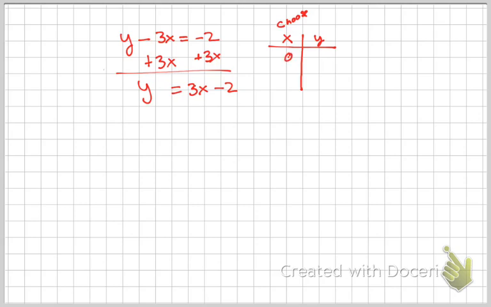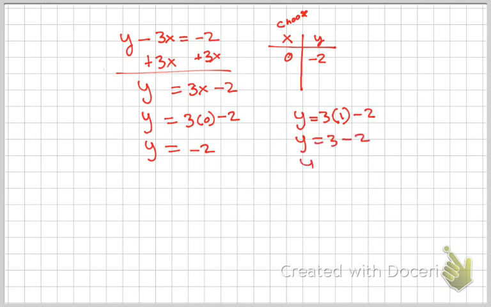I'm going to go with easy numbers. Y equals 3 times 0 minus 2. What is that? Y equals -2. I'm going to do it again. Y equals 3 times 1 minus 2. Y equals 3 minus 2. Y equals 1. So when x is 1, what is the y? 1.